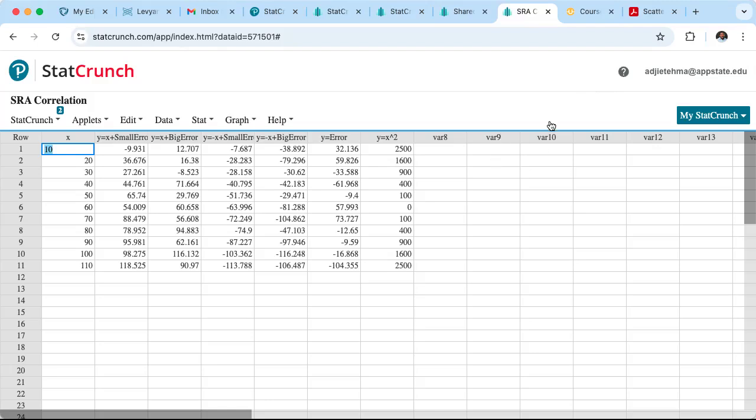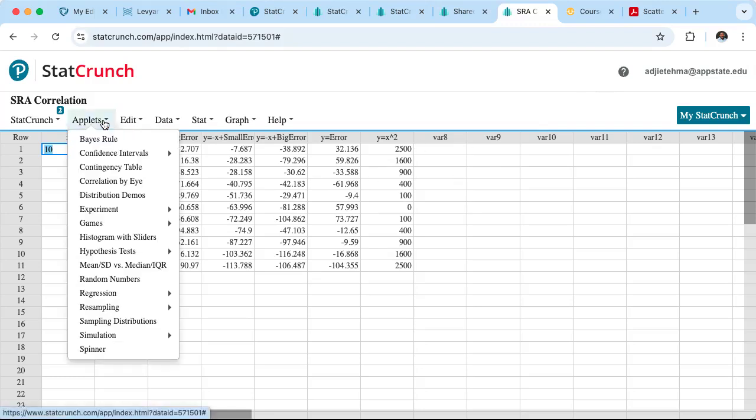Let's try to do that. So once we are in StatCrunch here, let's get to applets, and then let's get to correlation by eye. I think this comes in your homework, so it's good to master your guessing. So applets, correlation by eye. Is that okay?